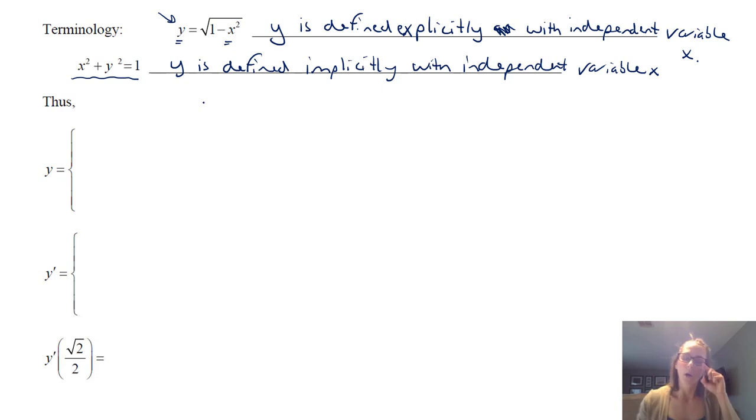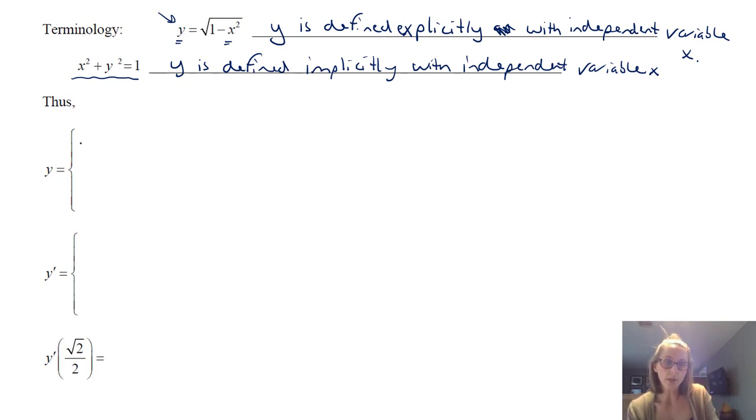However, the idea here is it is not solved for y. It is not solved for y. And so it is not defined explicitly, it's defined implicitly. It's implicit that y is the dependent variable and x is the independent variable.